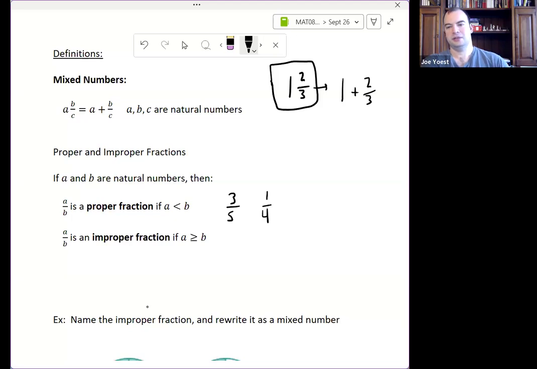Where if I look at my model, I don't have a whole pizza on my plate, so to speak, or I don't have a whole rectangle or square.